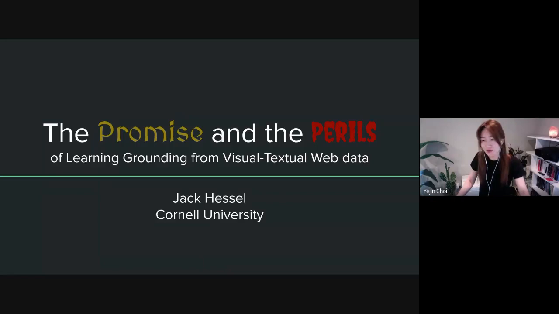And his primary research field seems to be in NLP, but what's interesting about Jack's research is that it's very diverse in the way that he puts together techniques from different fields, including not just NLP, but also computer vision, and then addressing questions that are related to human communication and social interactions.